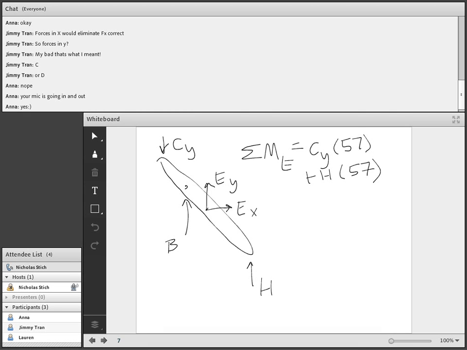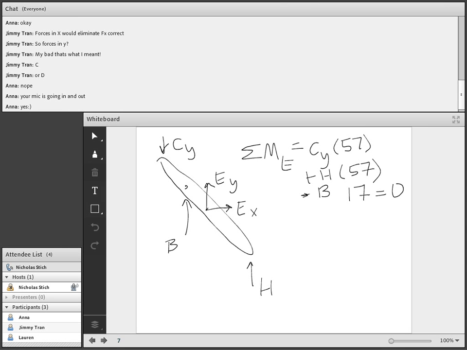And then B is going to create a moment in the opposite direction, so that's minus B. Its moment arm is 17 inches. And all of these are going to equal 0 because we're at equilibrium.